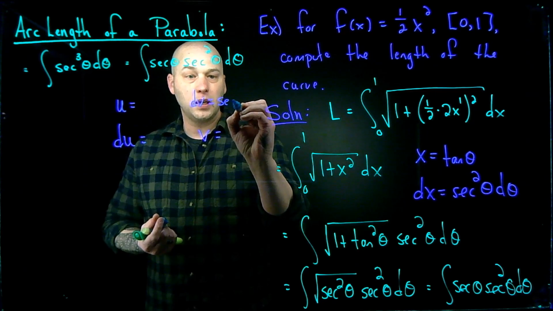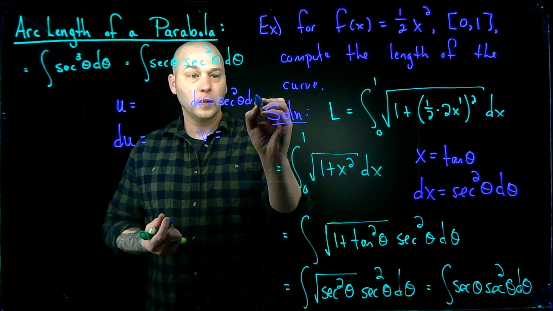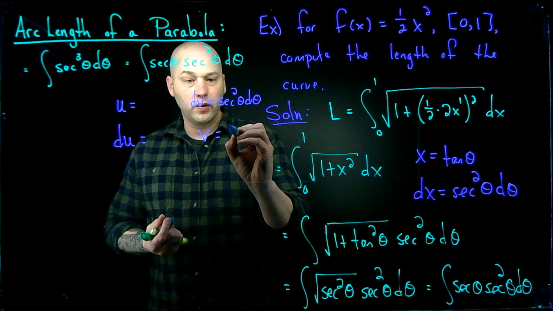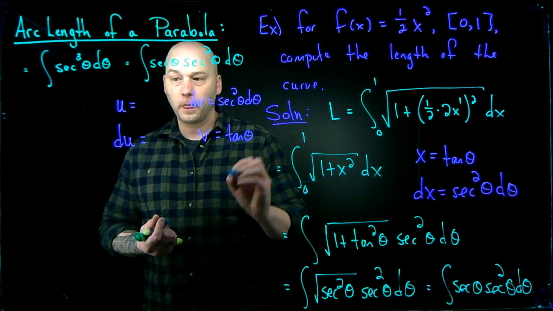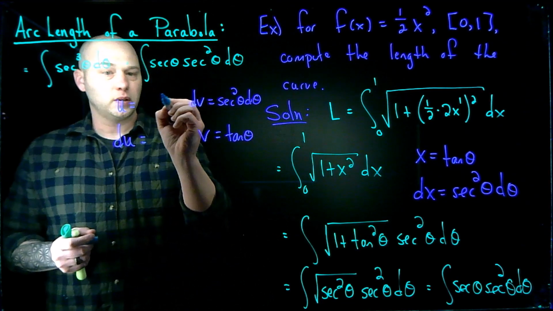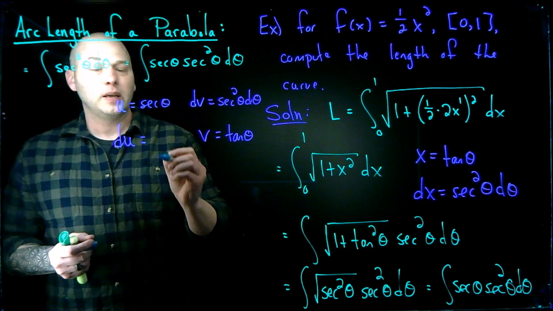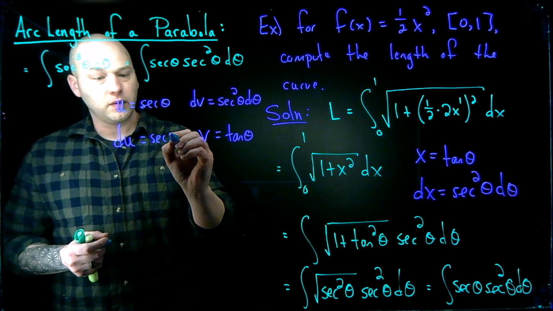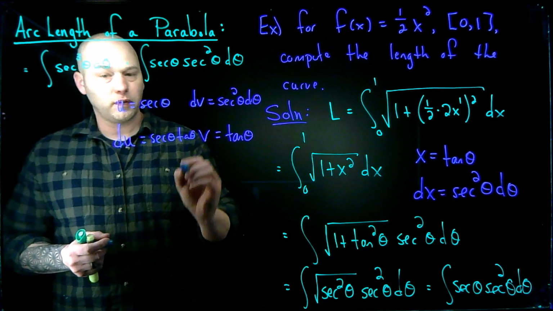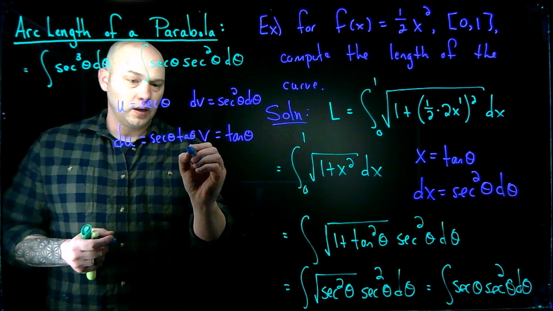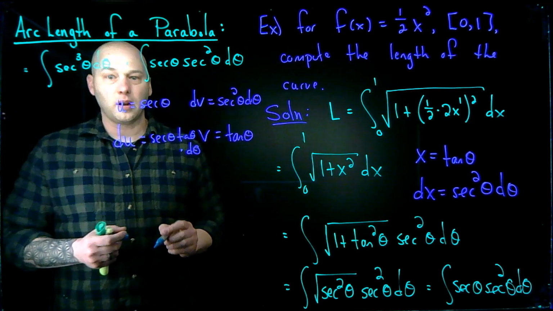dv is going to be secant squared theta d theta. Therefore, the antiderivative v would be tangent of theta. u, of course, is secant of theta. Differentiate that, we get secant of theta tangent of theta times d theta.